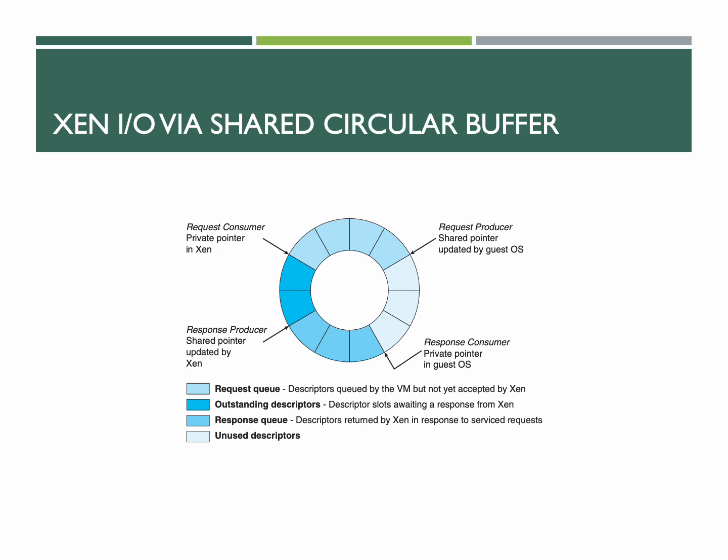Now, the shared circular buffer in Xen is designed to facilitate smooth and efficient I/O operations between the guest OS and Xen. This buffer manages data transfer requests and responses in a streamlined manner, minimizing overhead and maximizing throughput.